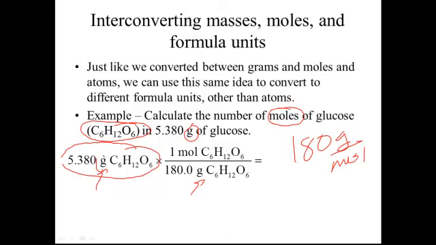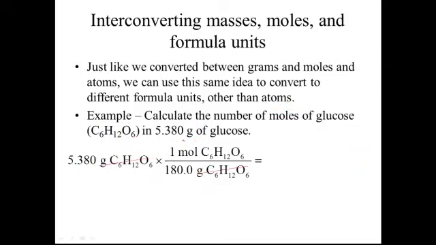In this case, since we want to cancel grams, the grams part has to go on the bottom, and the mole part, therefore, will go on the top. So there we can see our grams are canceling out. All we have left are moles. Then when we do our calculation, we're going to take 5.380 and divide it by 180.